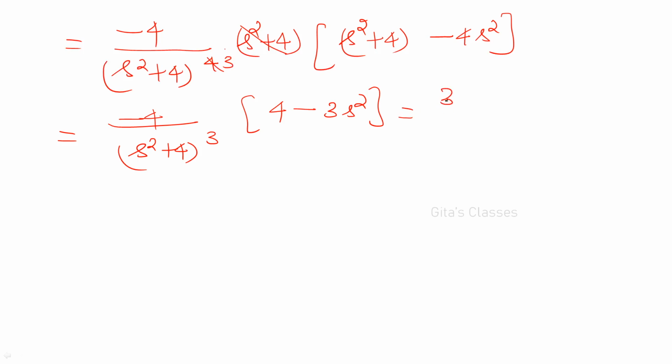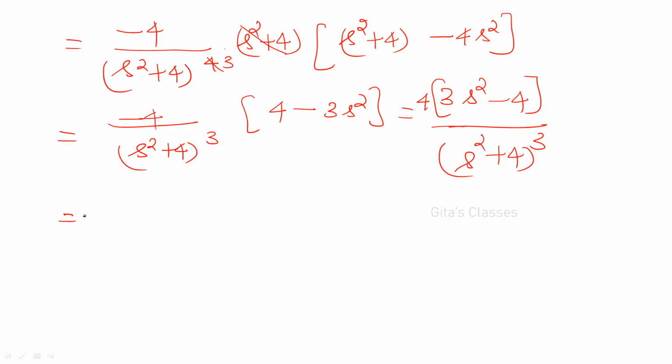Or you can say 3s squared minus 4 divided by s squared plus 4 the whole cube, right? That is equal to 4 into... for everything you have to write s is equal to 4, at the point s is equal to 4.